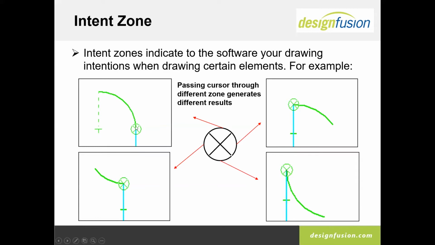So if I'm drawing here and I come through this quadrant, I'm telling the system I want a tangent arc. If I go the opposite direction, I'm telling the system I want a reverse tangent arc. If I go left or right in this case, it's a perpendicular arc coming off of the point and going in whatever direction I wish.